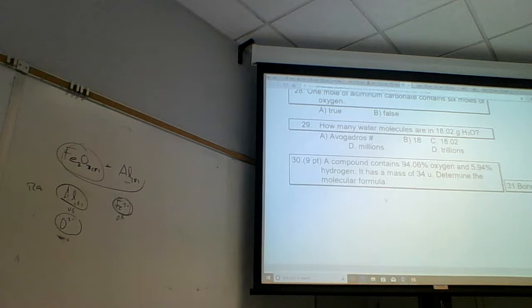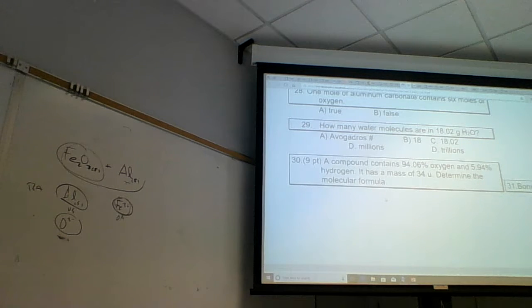So how many moles is that gonna be there? 94.06 divided by 16. 5.87. About 4 sig figs, so 5.878. I'll carry one extra. 87, 87. And for hydrogen, it's usually 1.01.